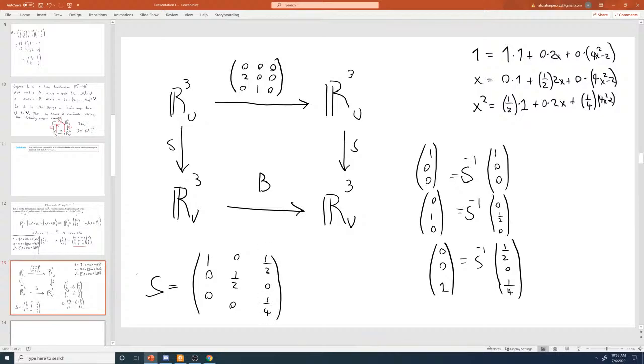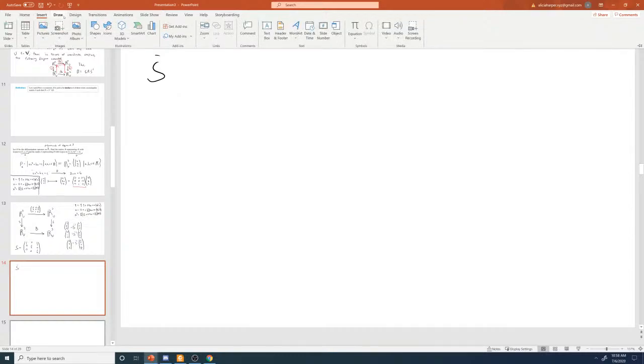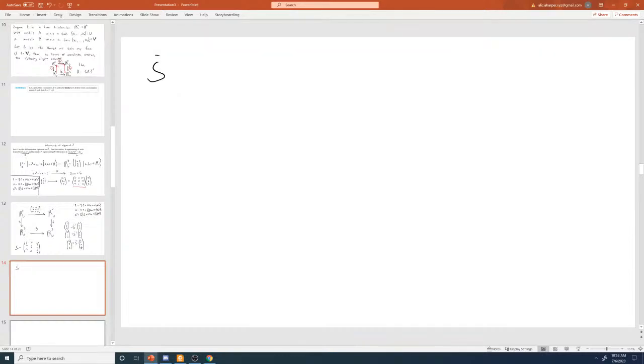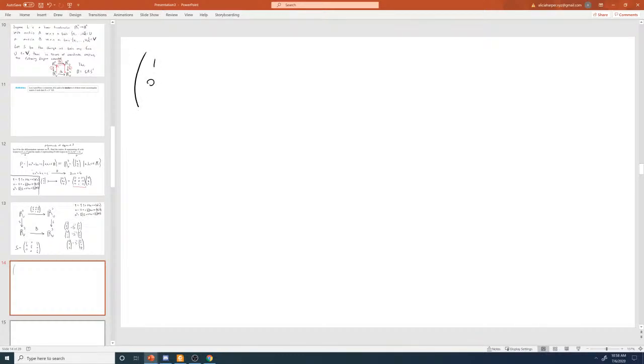So we have S. S was easy. S inverse, how do we do that? Well, we just invert this matrix. So let's go down here and do that computation. I have the matrix 1, 0, 0, 0, 1/2, 0, 1/2, 0, 1/4, and I want to invert it.